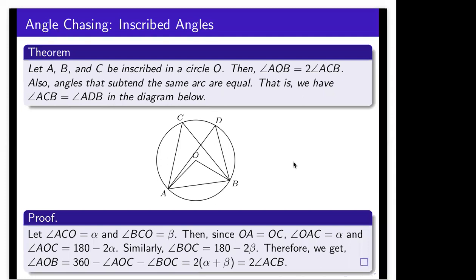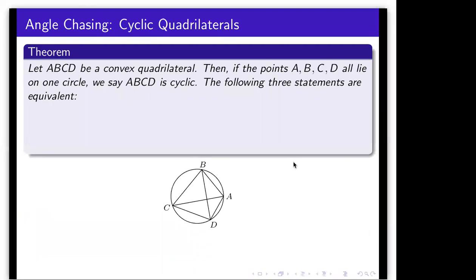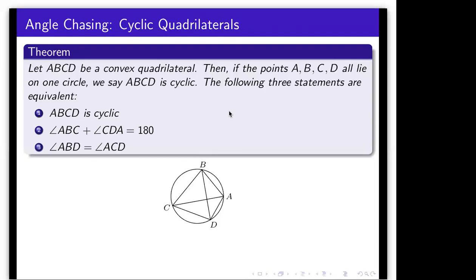Another important result is cyclic quadrilaterals. If ABCD is a convex quadrilateral, we say that it's cyclic if all four points lie on some circle. The main claim is that these three conditions are equivalent.